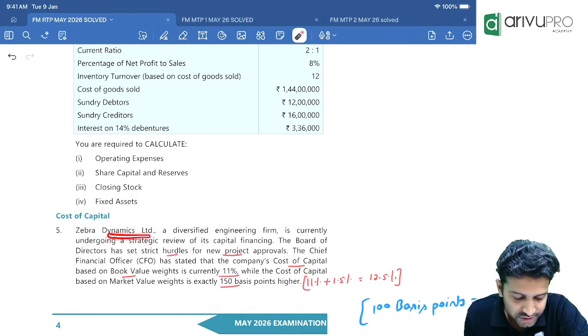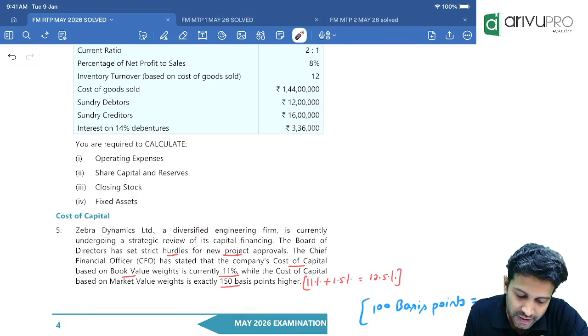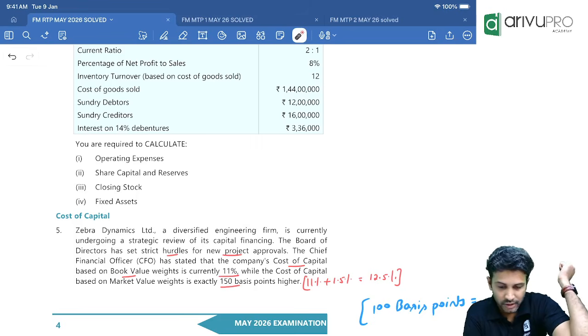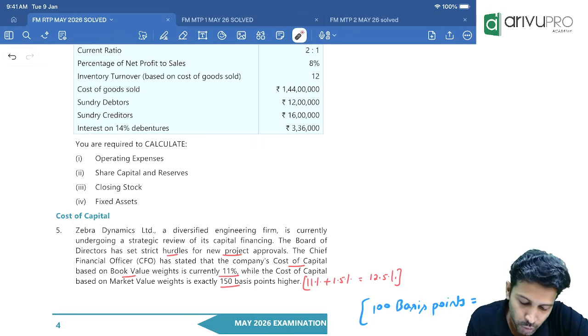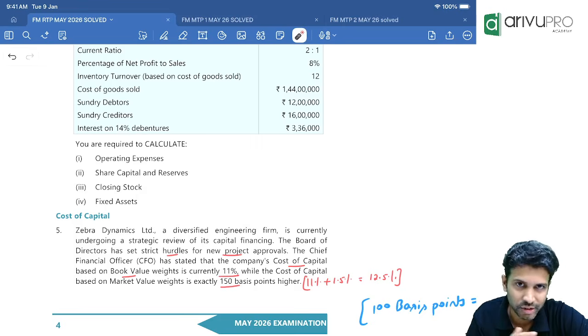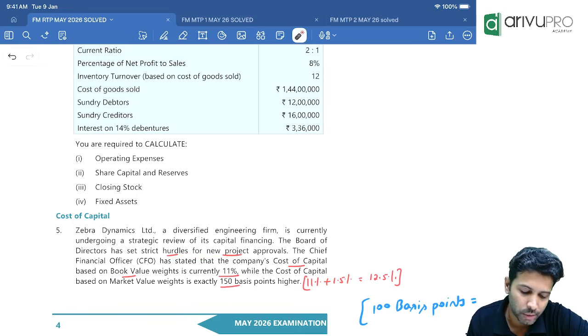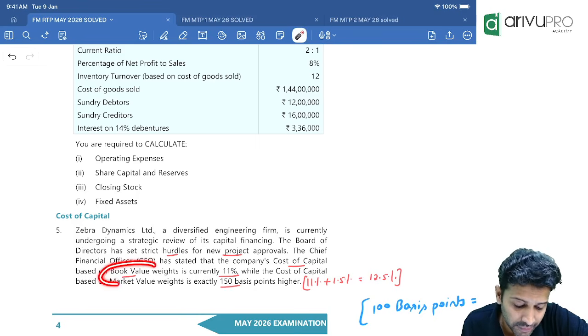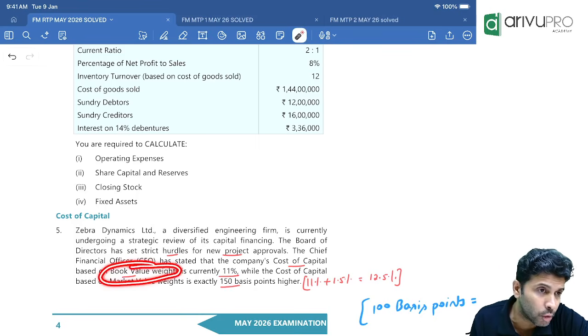Check. Zebra Dynamics is a diversified engineering firm, currently undergoing a strategic review of capital financing. Fair enough. This is not MCQ, this is a descriptive question. MCQ is over. The board of directors have strict hurdles for new projects. The Chief Financial Officer has stated cost of capital based on book value weights.